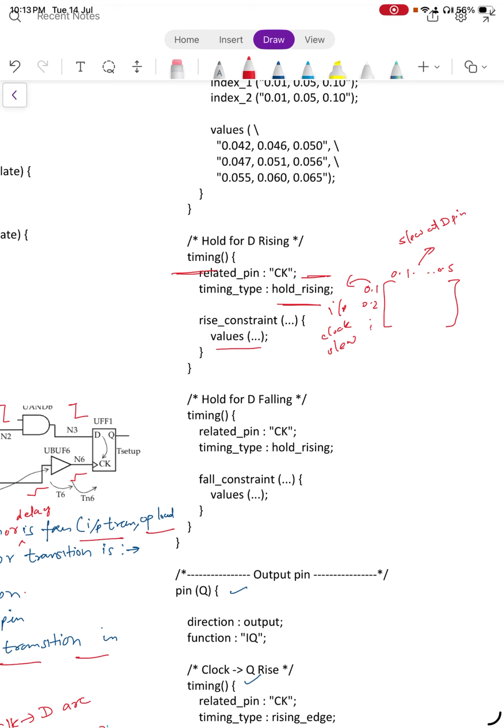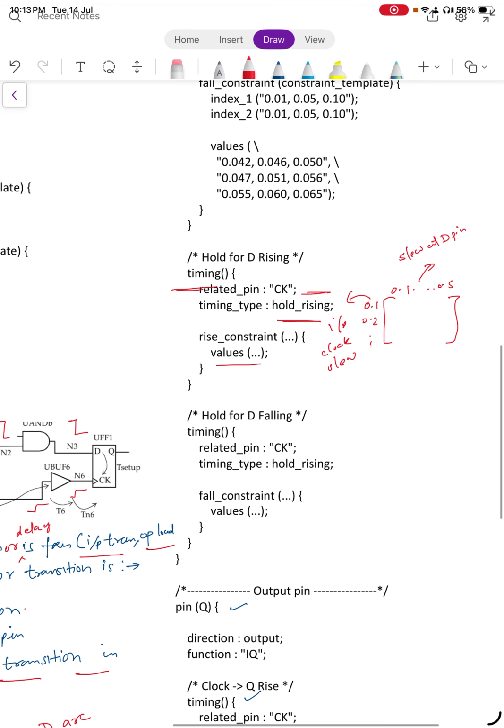This is not fixed, but it can be seen better from the complete library. So this is how the setup and hold time are decided.